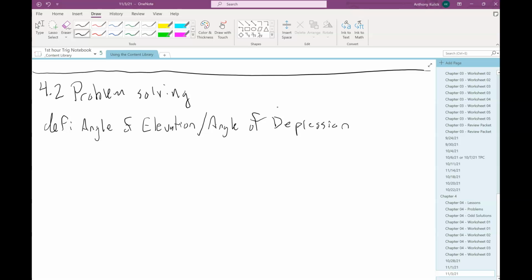So we're going to define these two terms, angle of elevation and angle of depression, just with pictures.